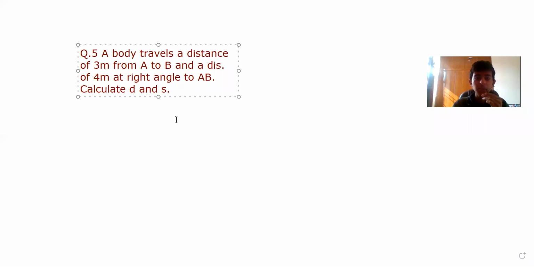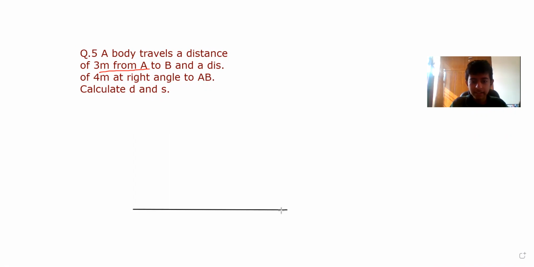So this is the last question for today, and the question is that a body travels a distance of 3 meter from A to B. Let's try to draw the figure. So from A to B, a body is traveling a distance of 3 meter. And a distance of 4 meter at right angle to AB.